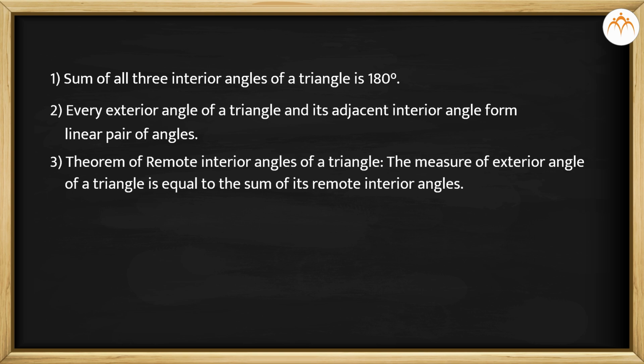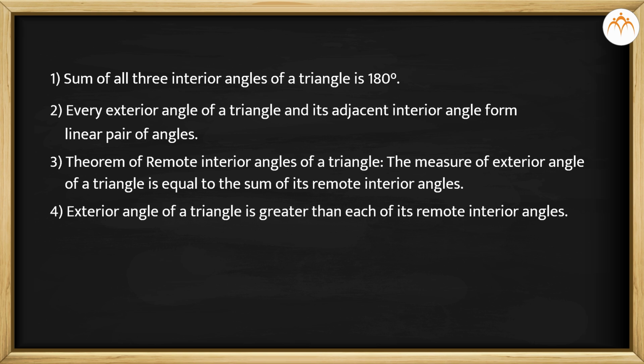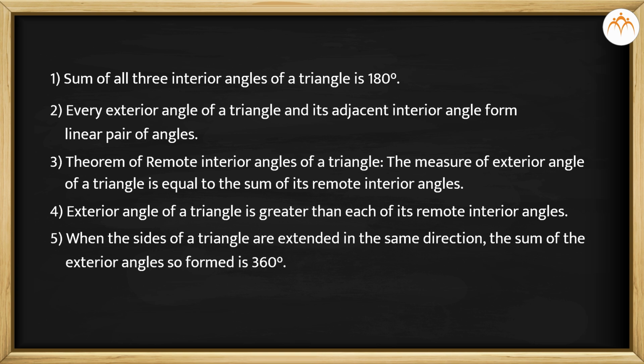Theorem of remote interior angles of a triangle: the measure of an exterior angle of a triangle is equal to the sum of its remote interior angles. Exterior angle of a triangle is greater than each of its remote interior angles. When the sides of a triangle are extended in the same direction, the sum of the exterior angles so formed is 360 degree.